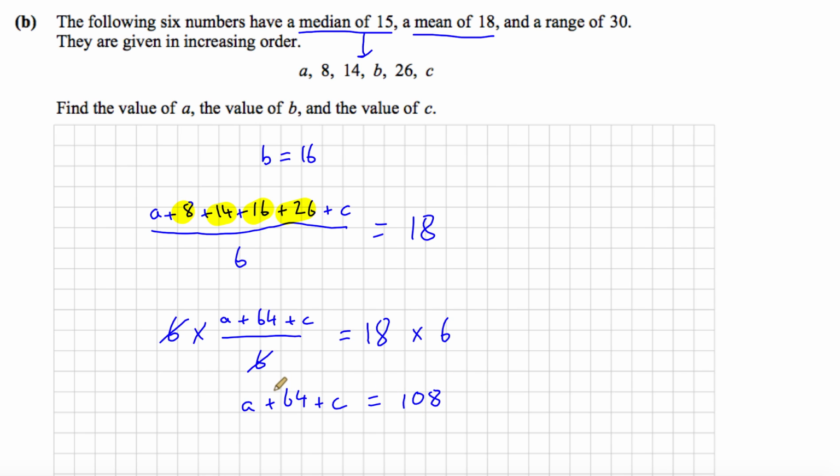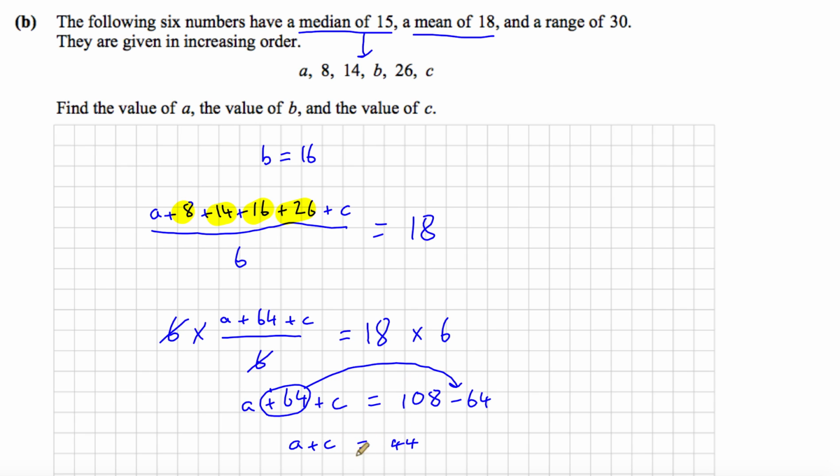Okay, so now we can move this 64 across, it becomes a negative, and we're left with the equation A plus C is equal to 108 minus 64, which is 44. So there's one equation with 2 unknowns.